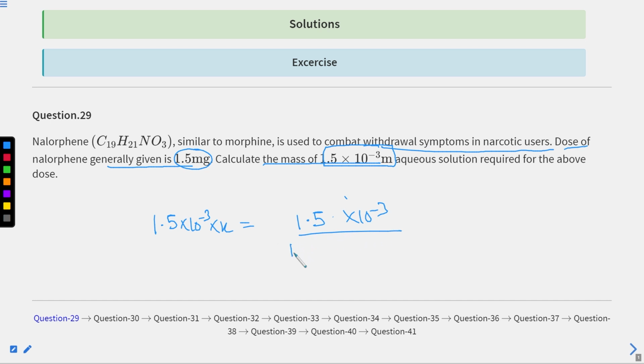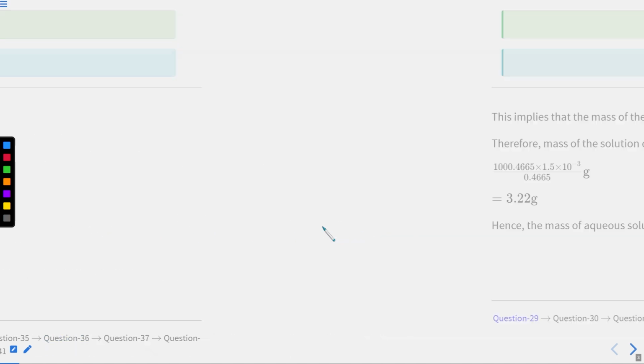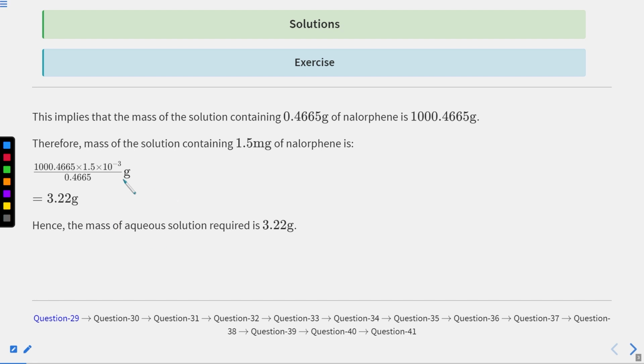We will need 19 into 12, 21 plus 14 plus 16 into 3. So calculate this value of x, you will get your answer. So they have done the same thing. Okay, that would give us 3.22 gram.